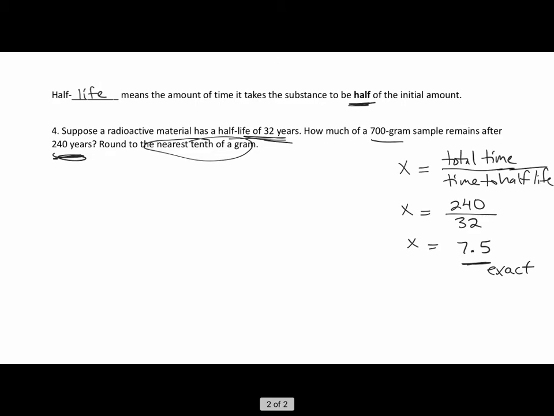Okay? So this is the time interval, and that will make sure that you are as close to the answer as you need to be without round off error. So we've got the time interval for this decay. And what else do we have? 700 is the original amount. So it does not tell us what the rate is.